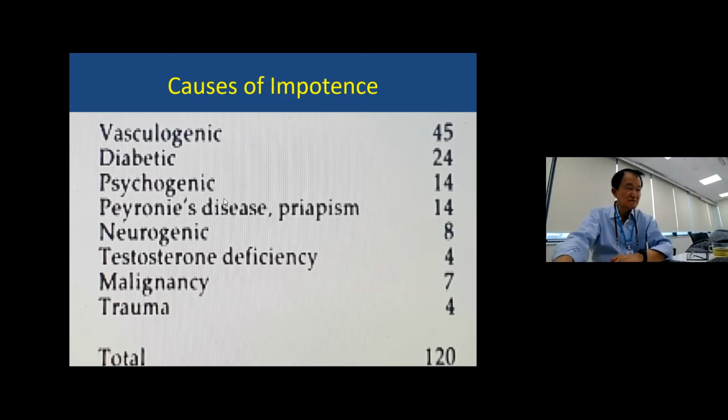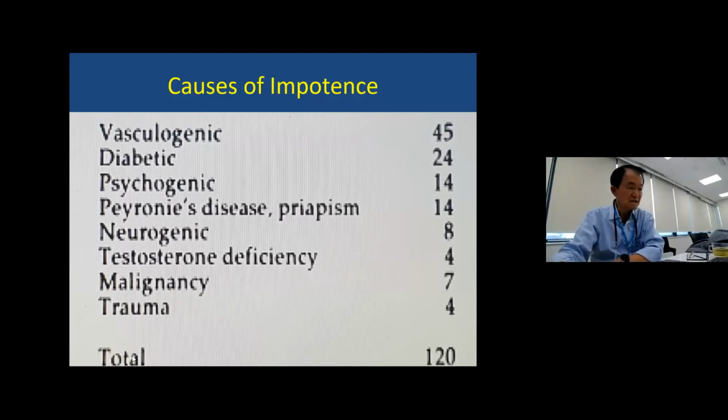So even if the structures, venous system and arterial system, are okay, if the testosterone is lower than the normal range, it's not functioning. And certainly you have to check thyroid and pituitary hormone. It's all connected.